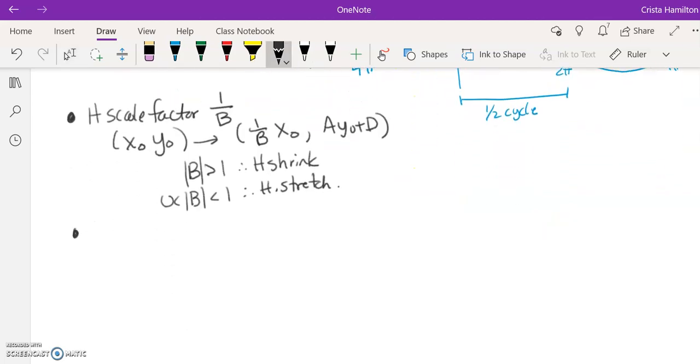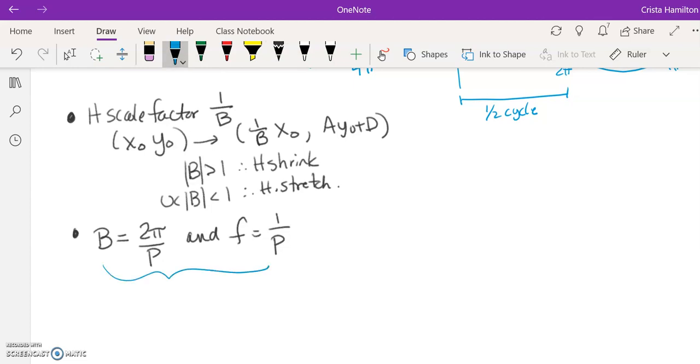All right, now let's look at how frequency is related to this. Since b equals 2 pi over the period, and remember that our frequency we just talked about is the reciprocal of the period, if I rewrite that coefficient as 1 over P times 2 pi, then I can substitute in and make this the frequency times 2 pi, which we prefer to write as 2 pi times the frequency.